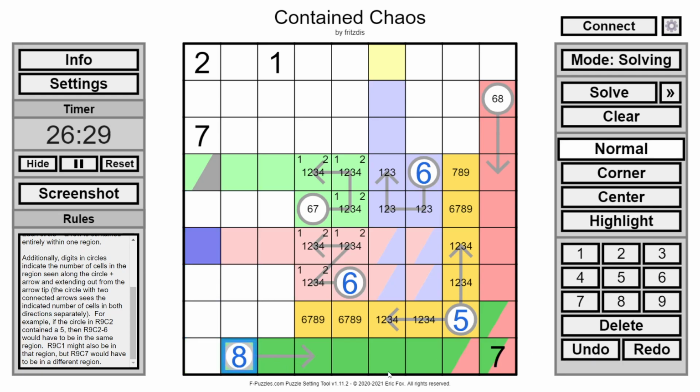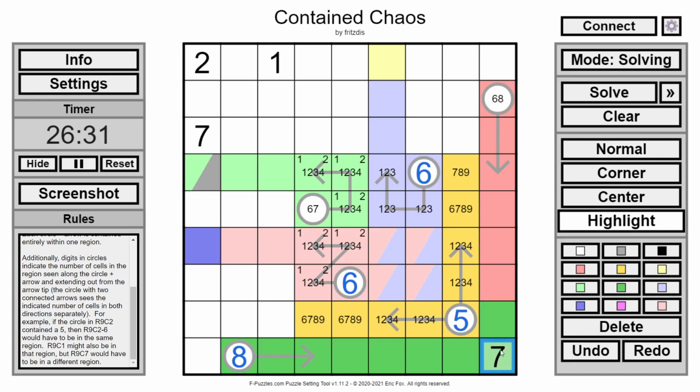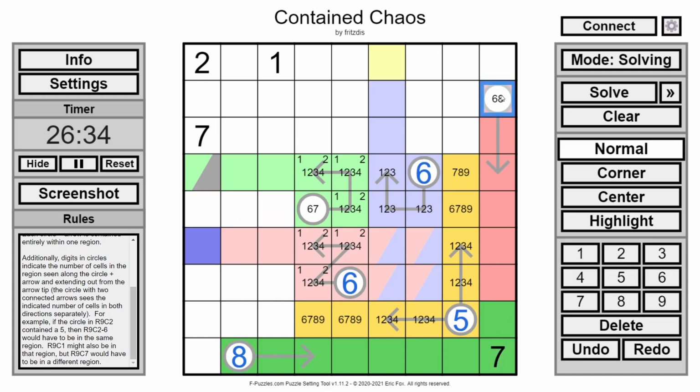So this must be the 8, which means green must curl around this corner down here. This is, whoops, this is a 6, I meant to say. Must go like that because of the 1-2-ness that I mentioned, I don't know, 15 minutes ago. So 3 of these are going to be dark pink. We don't know which, but we do need to have them allotted for eventually.